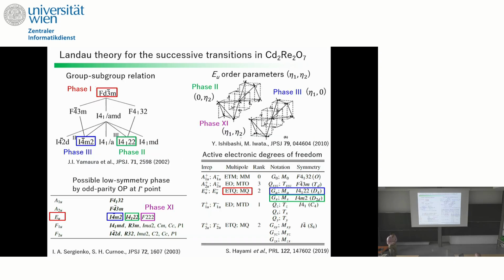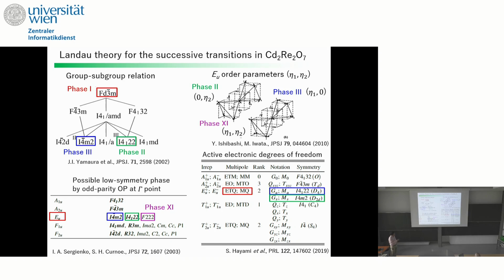Since the inversion symmetry breaking is a second order transition, we can understand this phase transition in terms of the group relation of space groups. Phase 1 and phases 2 and 3 are connected by an Eu symmetry order parameter. Based on this symmetry argument, Hayami et al. considered possible electronic orders below this transition.